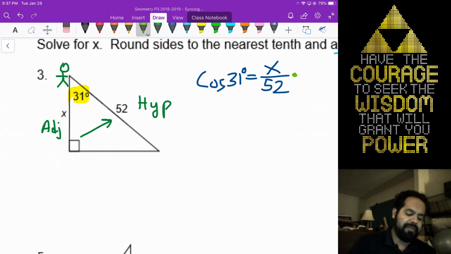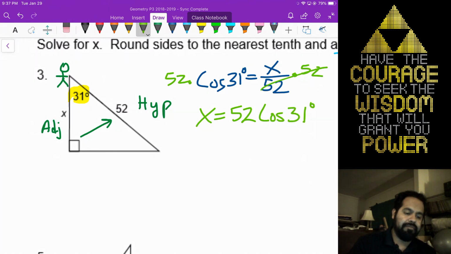Multiply both sides by 52. X equals 52 cosine of 31. So then x equals whatever that beautiful thing is.